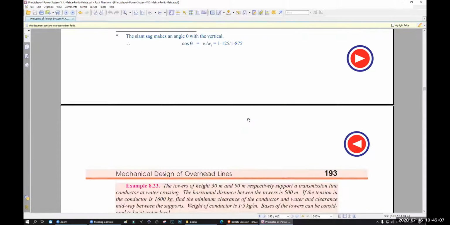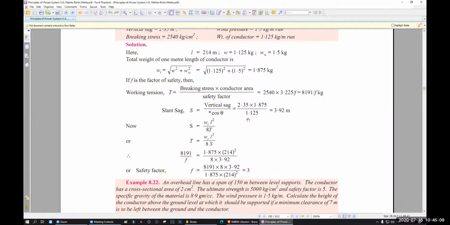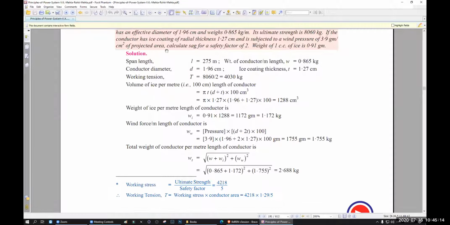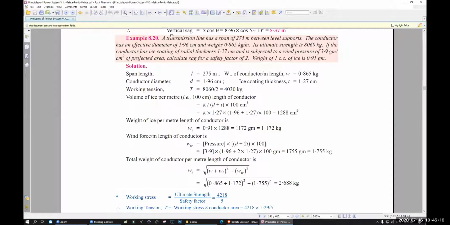Let's do a math with both wind and ice. Problem 8.21: a transmission line has a span of 275 meters between level supports, that is the L.